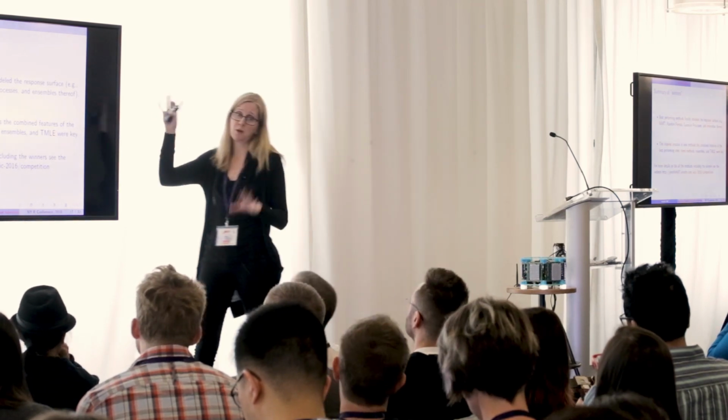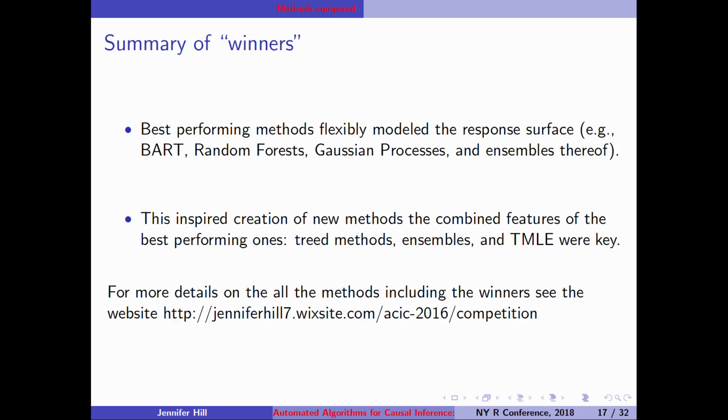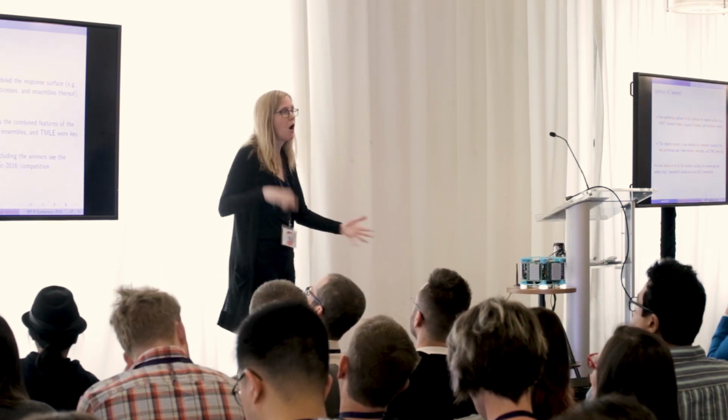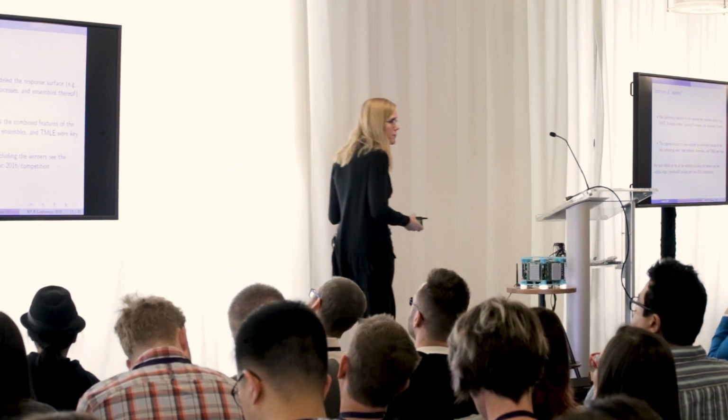So ones that really focused on the expectation of the outcome, conditional on treatment and covariates, were the ones that kicked ass at the end of the day. And those could have used a variety of things to do that flexible model fitting, from BART, random forest, Gaussian processes, and often ensembles thereof.